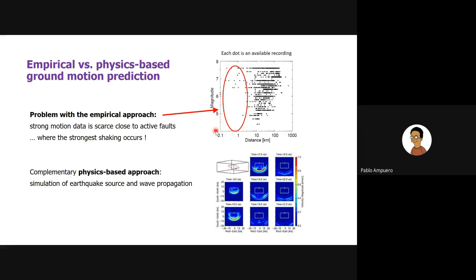It is because of this gap in the empirical approach that we need to complement it with other approaches. And that's what we call the physics-based approach, where we try to do source and wave propagation simulations that encapsulate and contain our best current knowledge about the rupture process and wave propagation process, and use that with certain confidence to fill this gap.